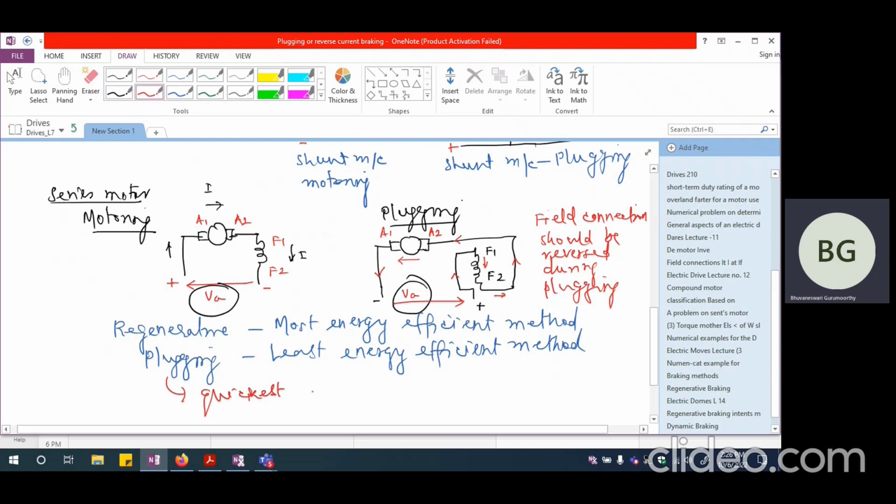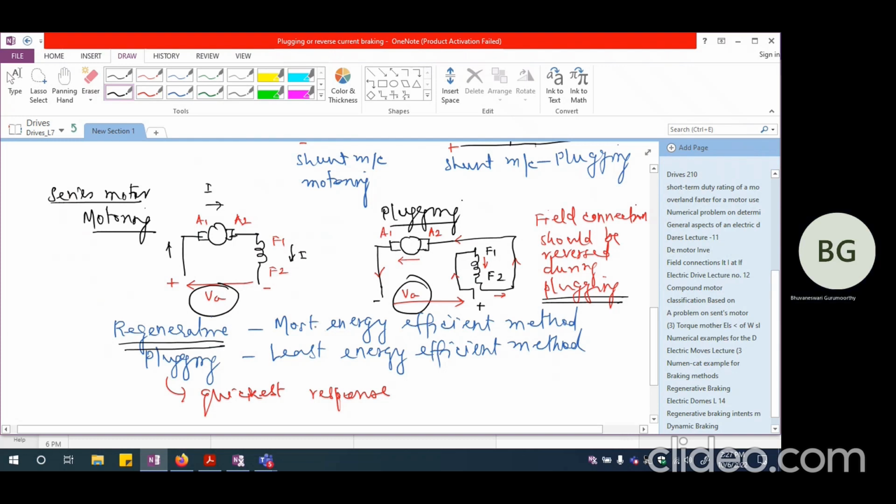So if I want to stop abruptly, then plugging will be the best method. But if I am worried about energy efficiency, regenerative braking will be the most energy efficient method.